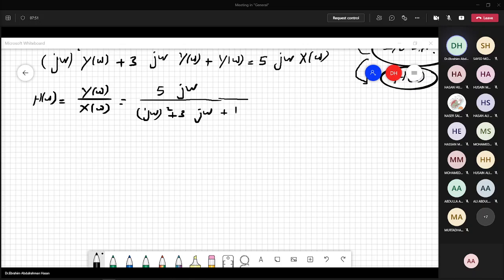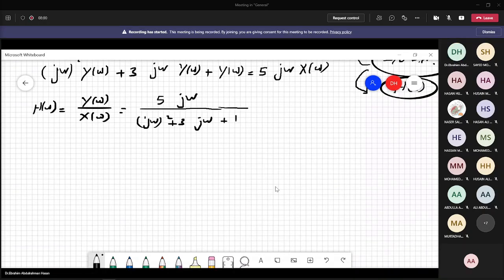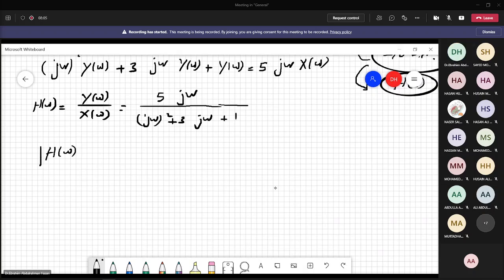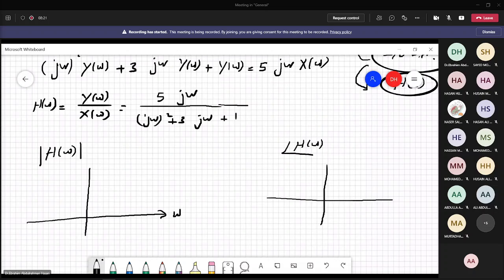We stopped here last time: how to plot the spectrum. To plot the spectrum, we need the magnitude of h of omega, then we draw the spectrum against omega. Similarly, we need to find the angle of h of omega, then you can plot it with respect to omega.